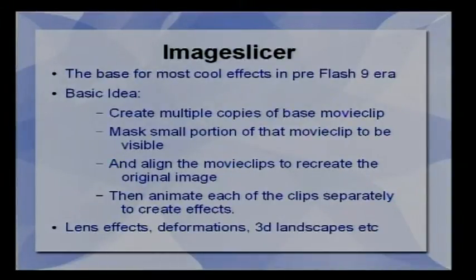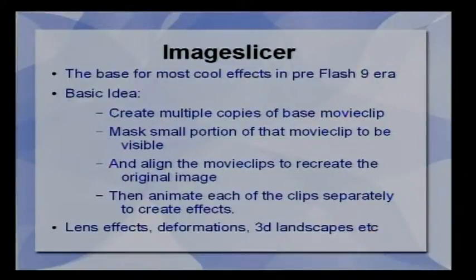And then you animate the host clip, so you can create a lot of deformations, different 3D landscapes, like if you create marching squares for different heights, and then you make image slices of those and scale and skew them a bit, then you could rotate it in 3D basically with each slice. That was called the 3D image slicer.